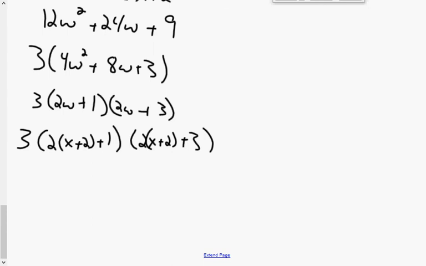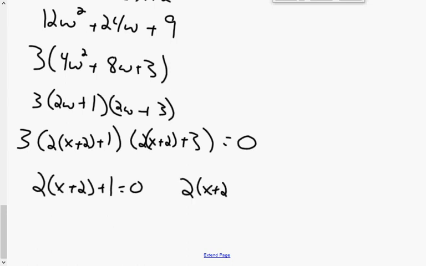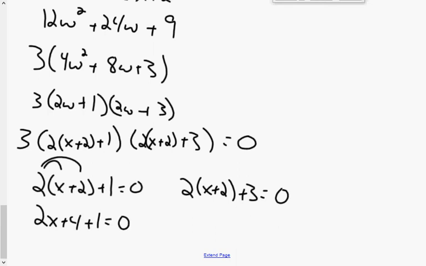So now I'll take each one of these brackets and I'll solve for x because it's all equal to 0. Remember? So my first one would be 2 times (x plus 2) plus 1 equals 0. If I work this out, 2x plus 4 plus 1 equals 0.